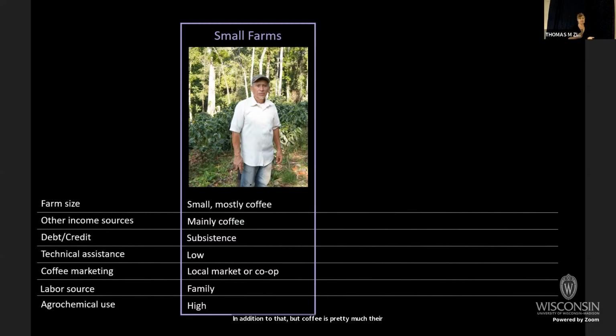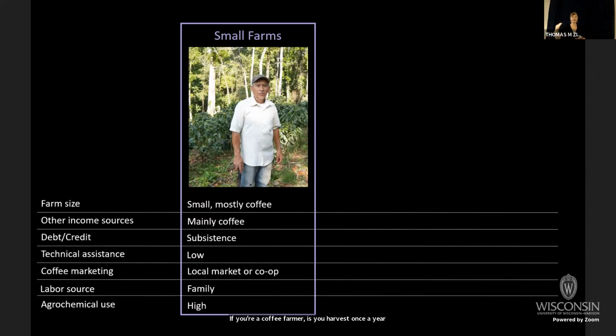They don't necessarily have any or very many outside economic income sources. And because of that, they tend to be locked in a cycle of debt and credit, where one of the interesting things about coffee, the not so great things if you're a coffee farmer, is you harvest once a year. Your income comes once a year.